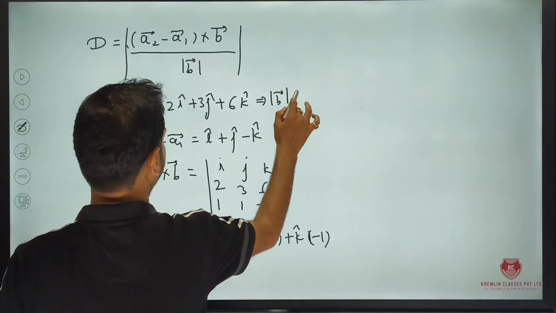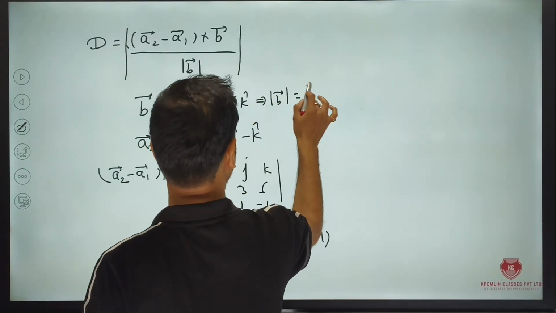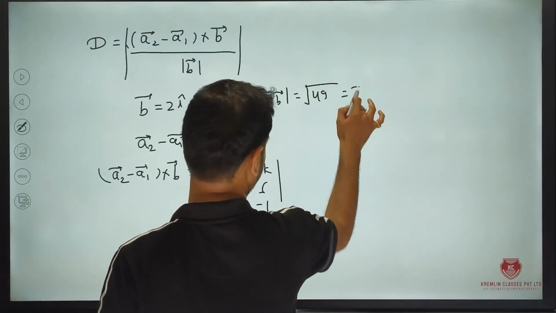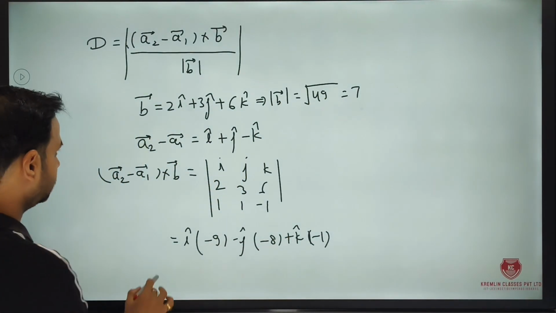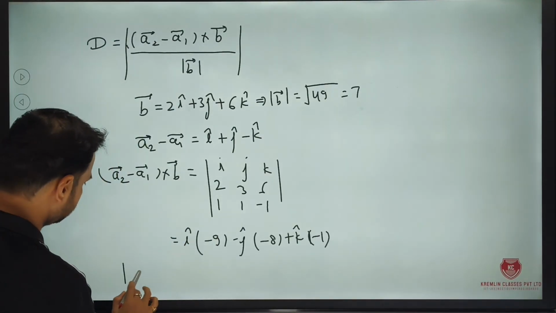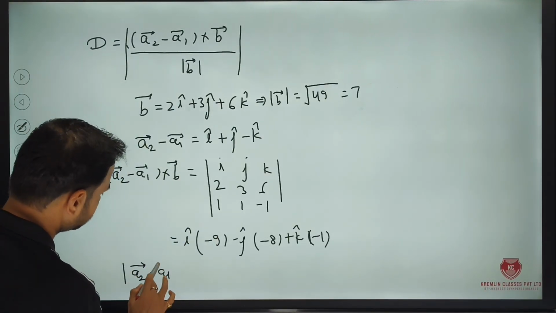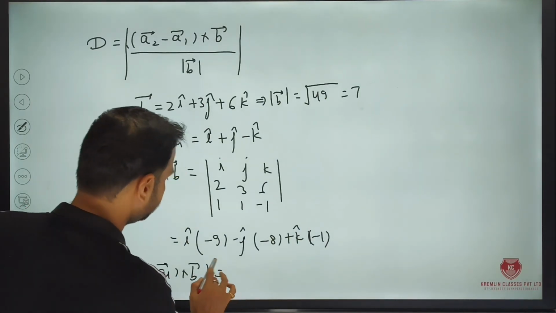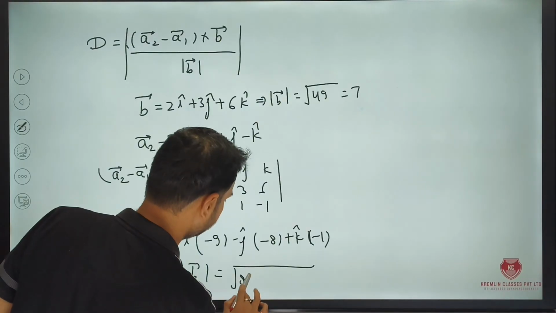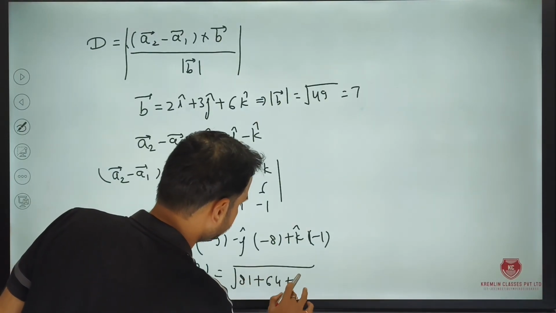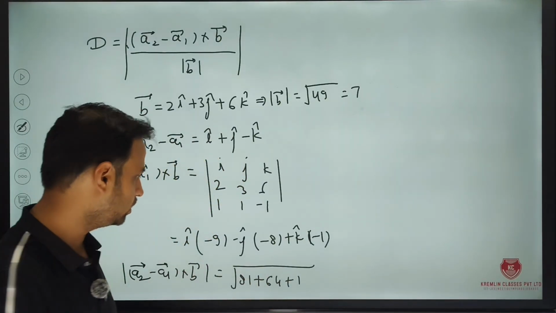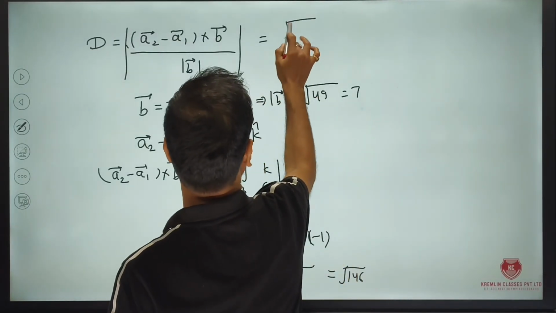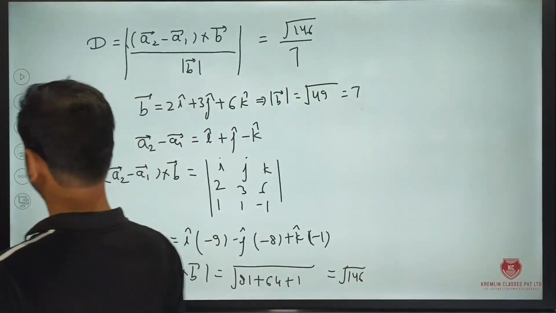Mod b vector is given by root of 36 plus 9 plus 49, which is 7. And the mod of a2 minus a1 cross b vector is given by under root 81 plus 64 plus 1, that is 146. So the answer is root of 146 upon 7.